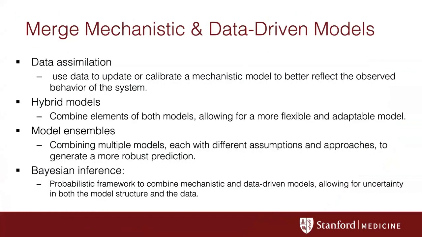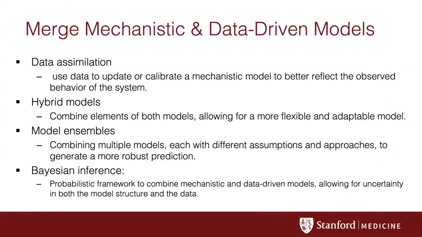And so how are we merging these mechanistic and data-driven models? There's a couple ways that we think about this, and we've heard about some of these today. In our group, we're using ensemble models and some Bayesian inference models, but there are ways to do data assimilation where you can develop the model using your data-driven approach and calibrate using the mechanistic model.